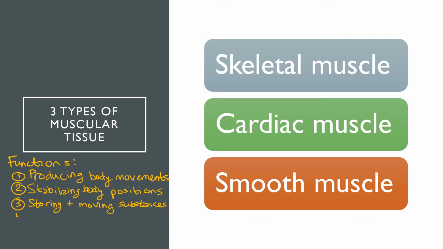We will be talking about these in more detail later, but just a quick example. And then our last key function of muscular tissue as a whole is going to be generating heat. So you can think of shivering as a quick muscular contraction that helps to generate heat in your body.